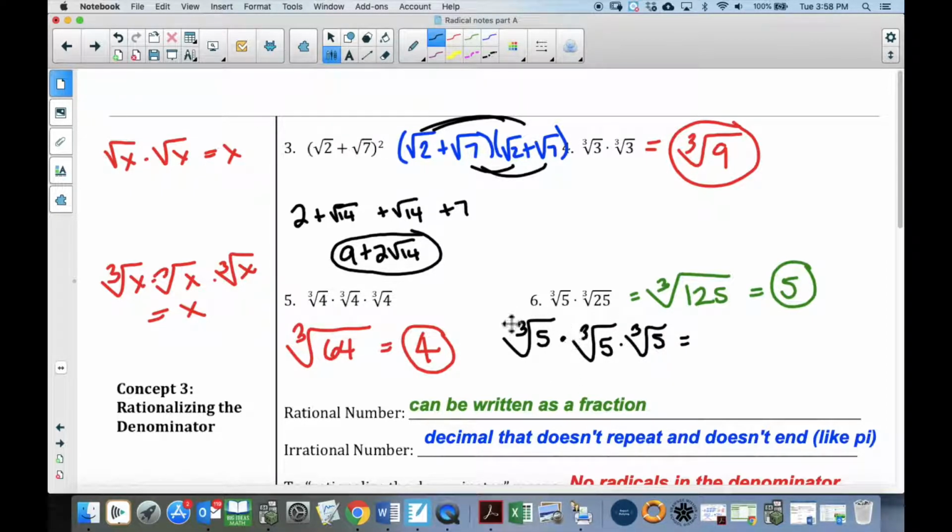They're all being cubed. And so the answer is 5. Again, this little rule is going to come into play in just a minute with denominators. So it's kind of helpful, maybe even imperative, that you understand how number 5 works, how number 6 works, and how they're kind of tied together.